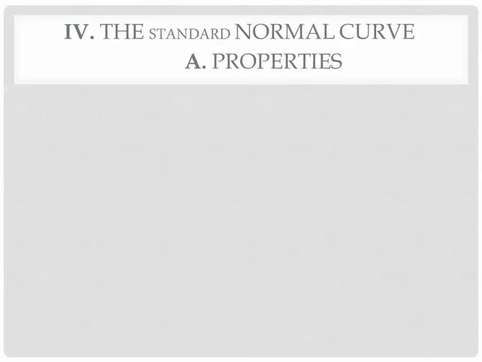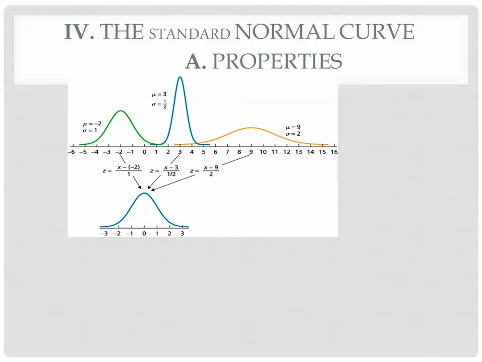Standard normal curve, continuing with the properties of the normal curve. Now we're talking about the standard normal curve. So like I said, we can have a mean and the standard deviation of anything for our normal curve. But what's going to be helpful for us is to be talking about the normal curve with a mean of 0 and a standard deviation of 1. Called the standard normal curve.